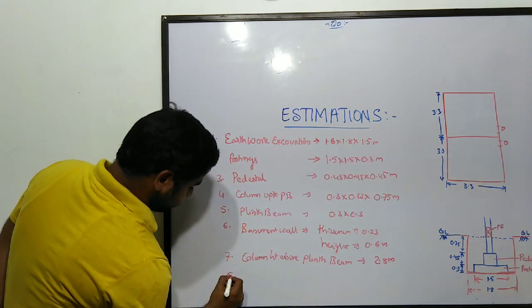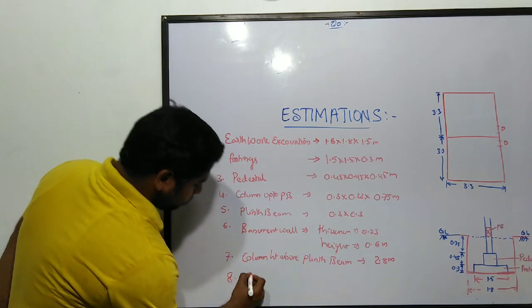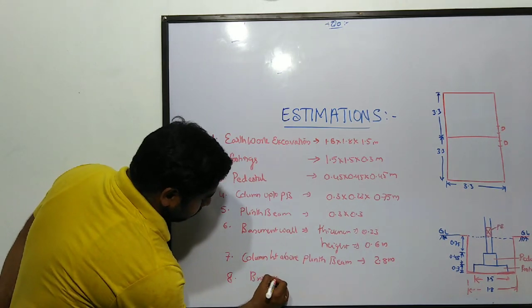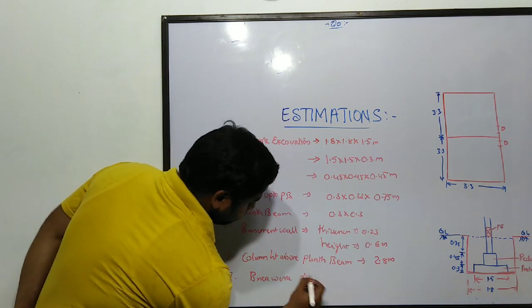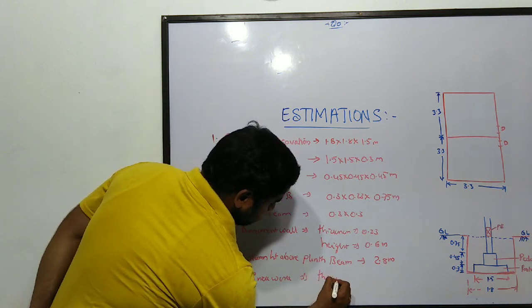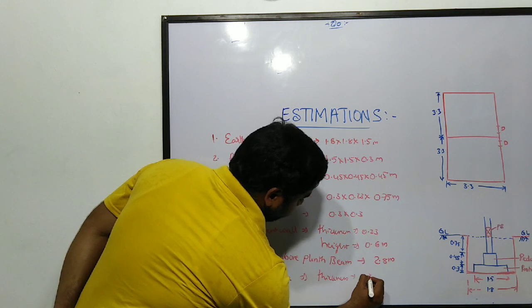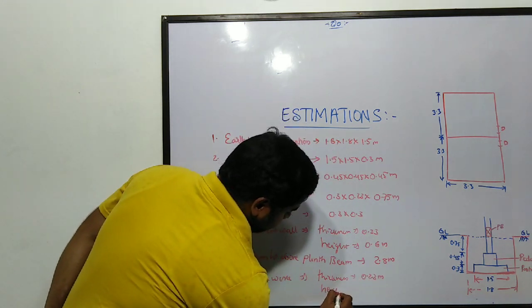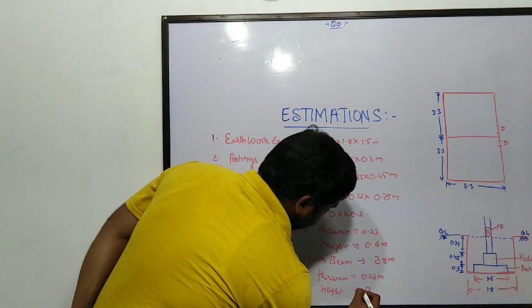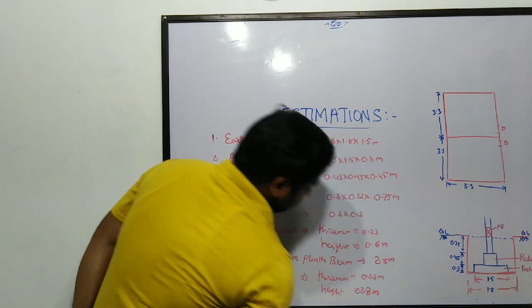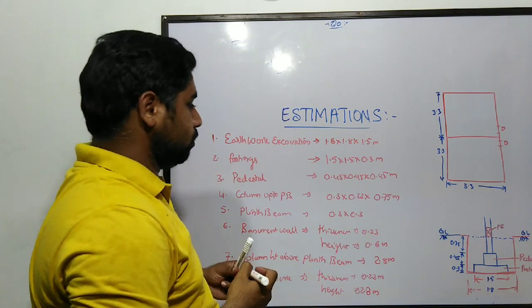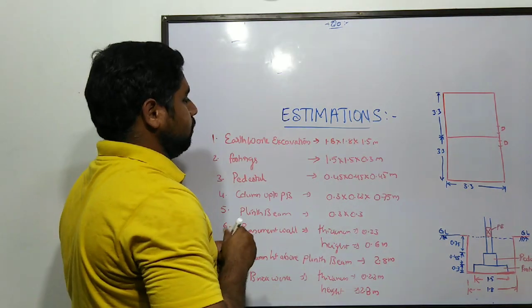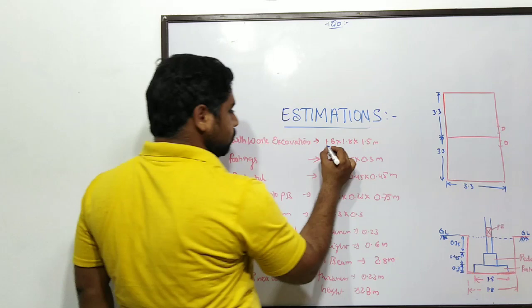Next, brickwork. Thickness is 0.23 meter and height of the brickwork is again 2.8 meters. So these are the dimensions we are going to take now.